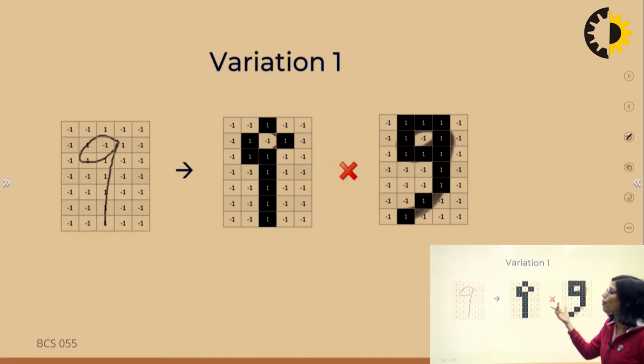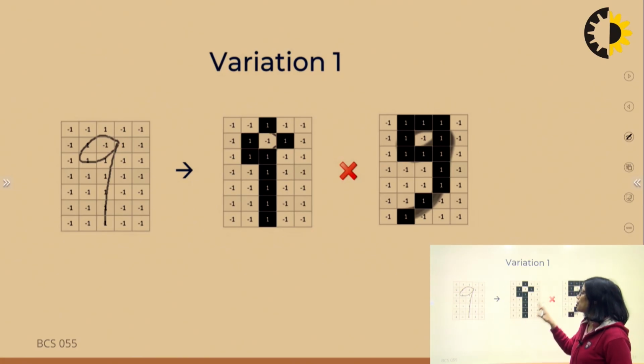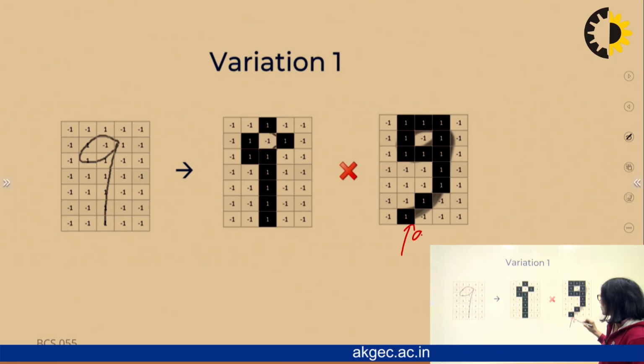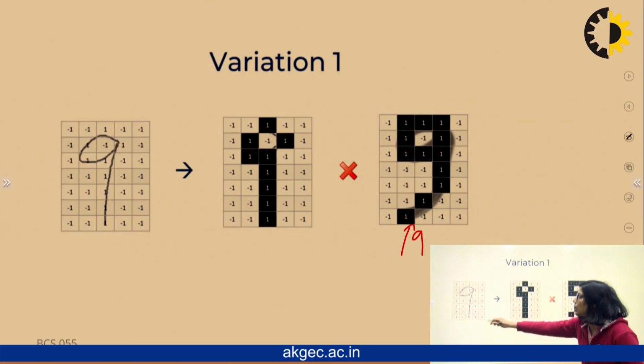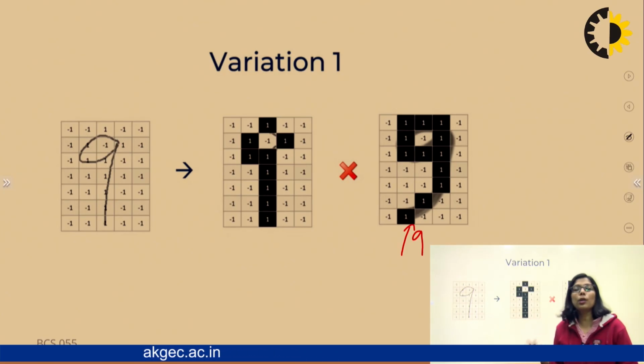Similarly, if I have written 9 like this, the pixel values will look like this in the image. This also is not matching with the trained information, that I told the computer this is my 9 and this is the image I have received. This image is not matching with that image. So this process is very hard coded.